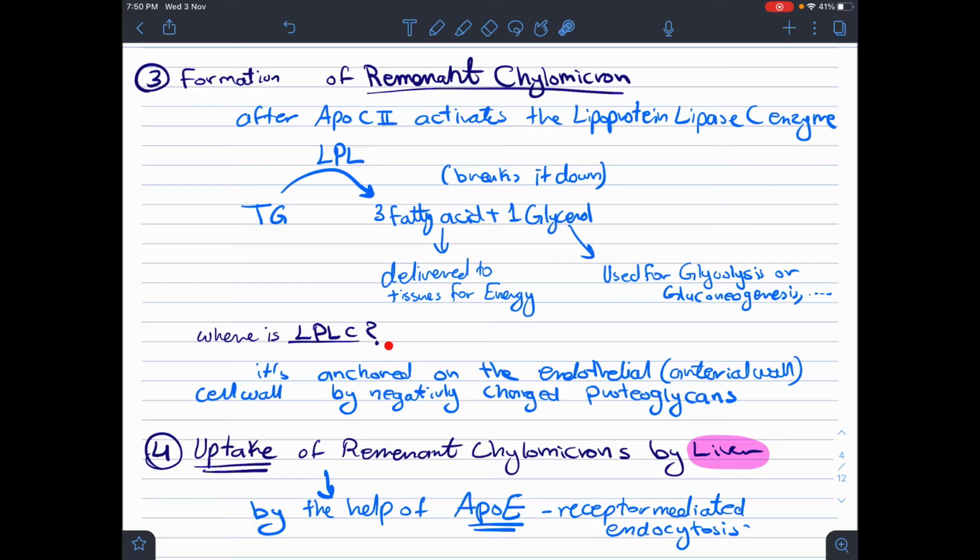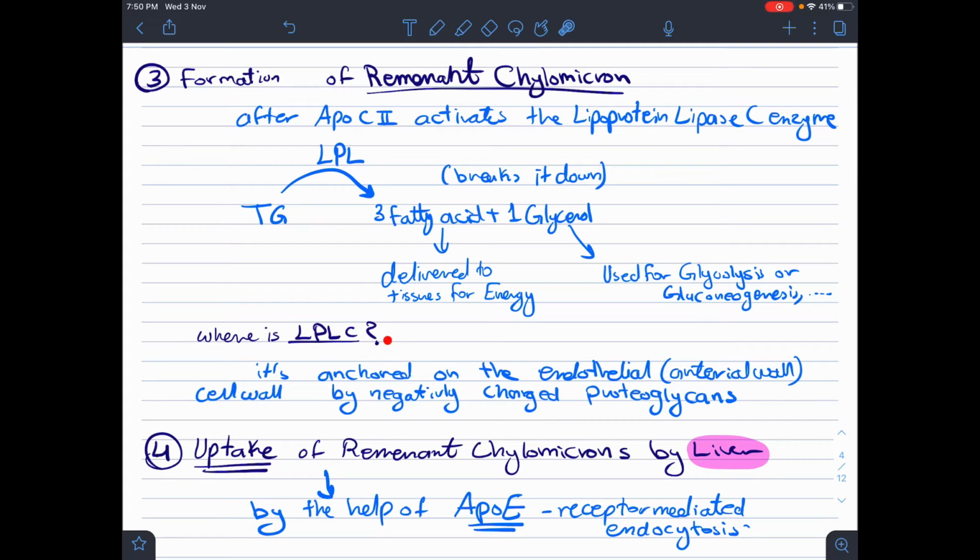Where is this lipoprotein lipase? It's actually anchored in the endothelial cells, in the arterial walls of the vessels. It's held there by negatively charged proteoglycans. So it's on the outer portion of the cell membrane of the endothelium in the blood vessels.